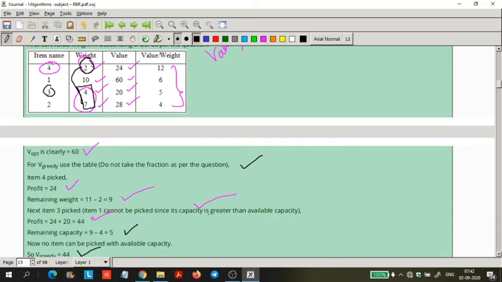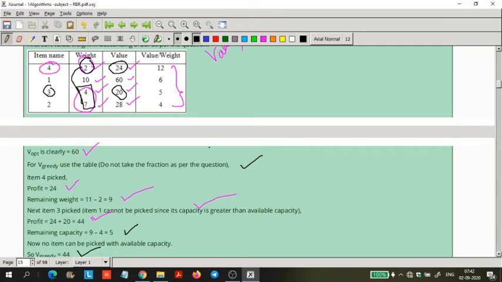Item 1 cannot be picked because its weight is greater than the available capacity. So when this particular item is picked, the profit is 24, and for the other item it is 20.